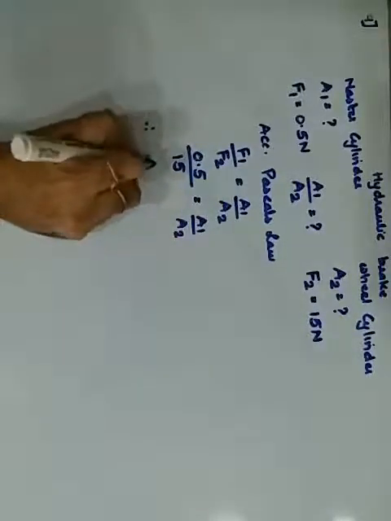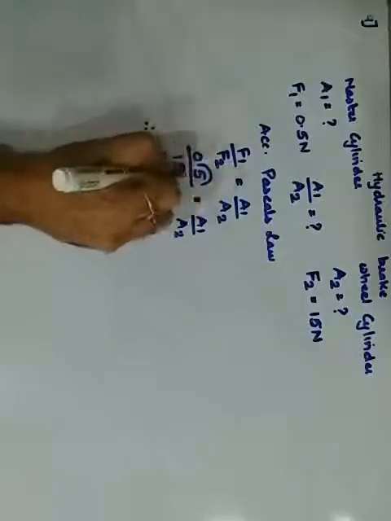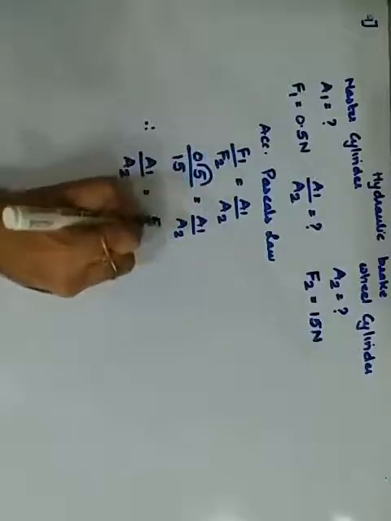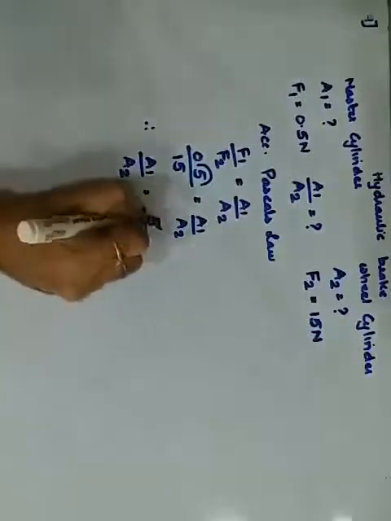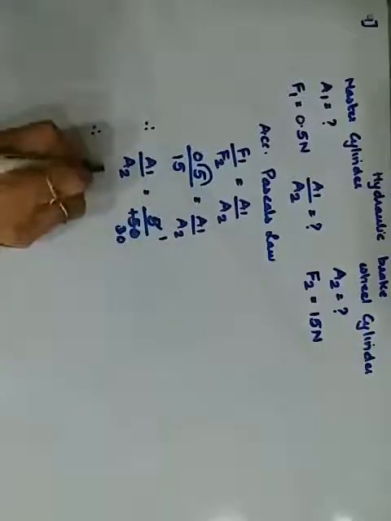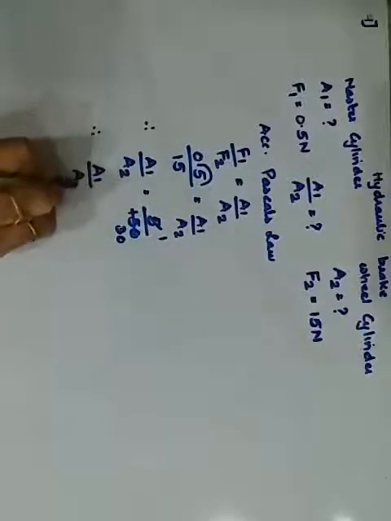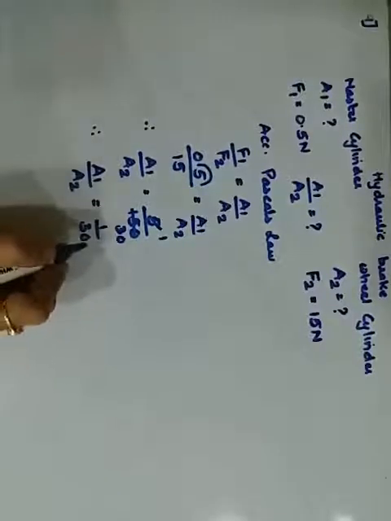Therefore you can write A1 upon A2 equals, shifting the decimal, the numerator becomes 5 and the denominator becomes 150. Cancellation gives you 5 ones are 5, and 5 threes are 15, 30, and therefore the ratio A1 upon A2 becomes 1 upon 30, that is 1:30.